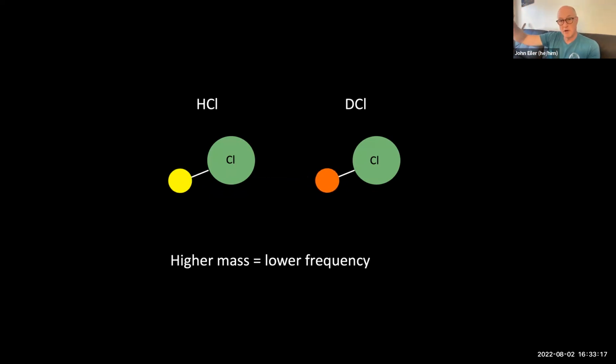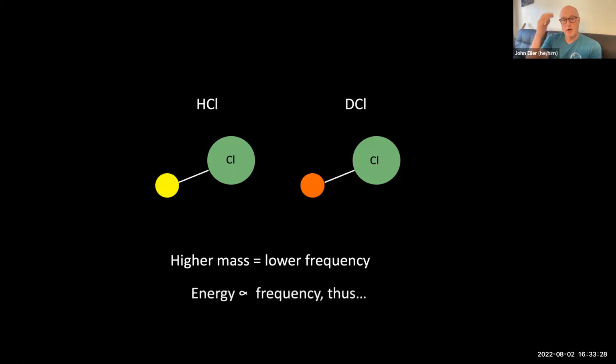If I put a bowling ball on the end, it's going to bounce very slowly. So we know that the heavy isotopes have lower frequencies of motion of their chemical bonds. We know through Planck's postulate that the energy contained in a chemical bond is proportional to the frequency of the movement of the atoms. Energy is proportional to frequency.